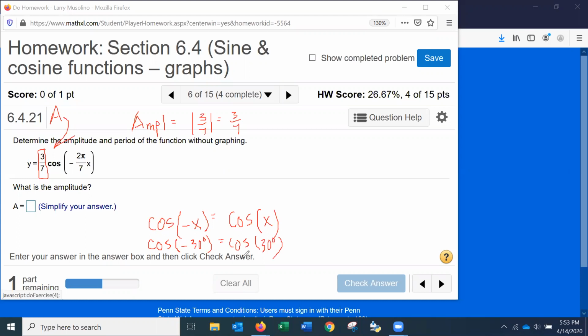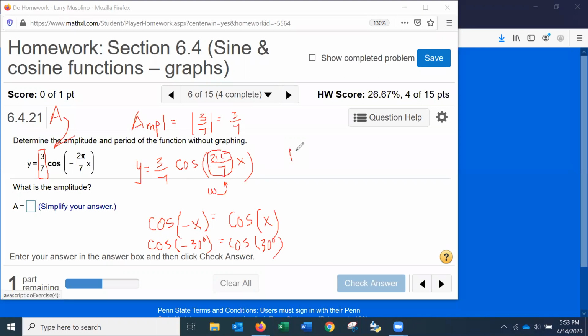So I'm going to apply that property and rewrite this as 3/7 cosine 2 pi over 7x. So now our coefficient omega is this 2 pi over 7.